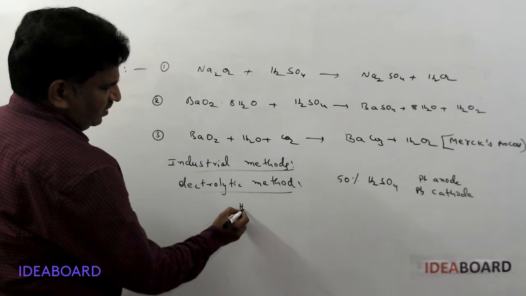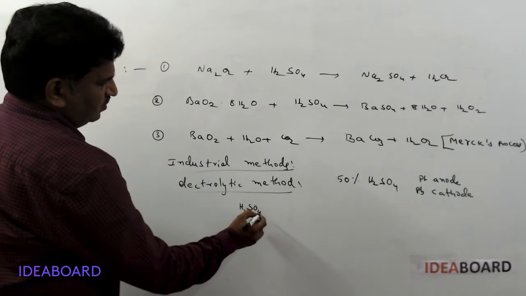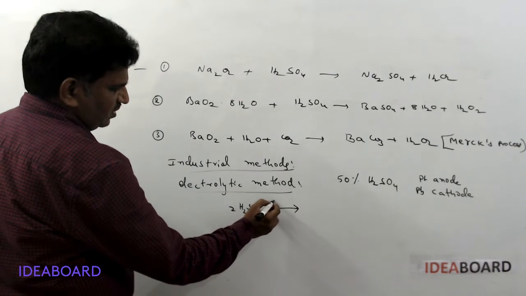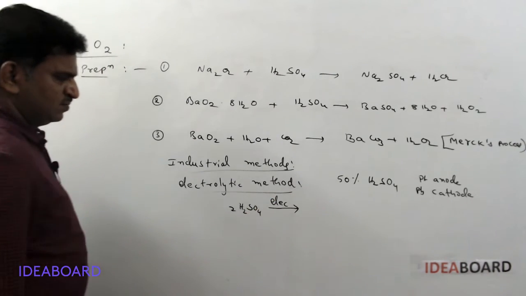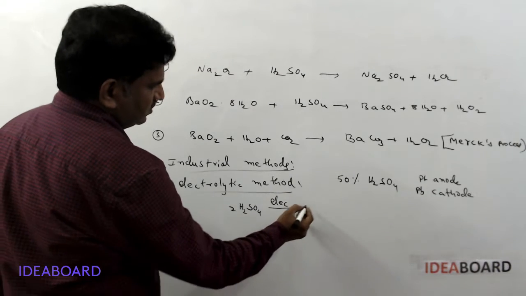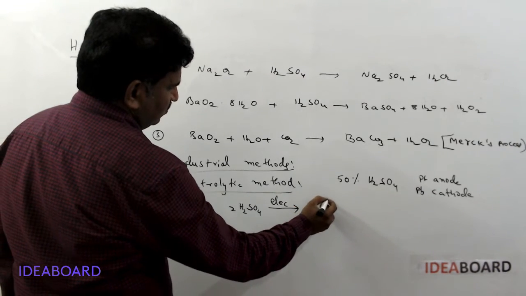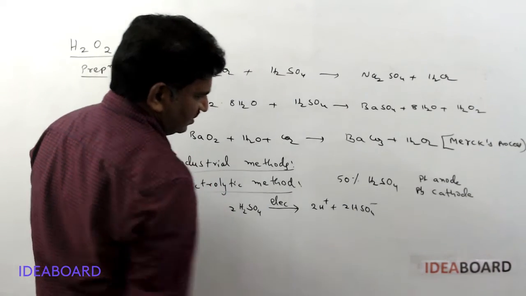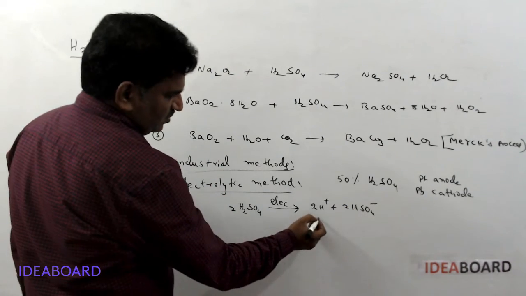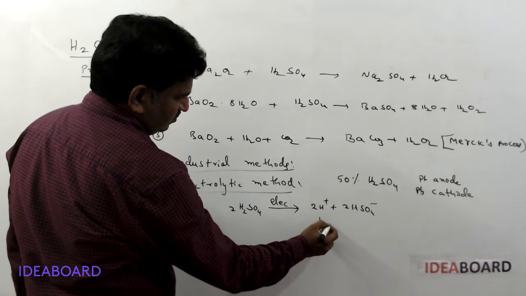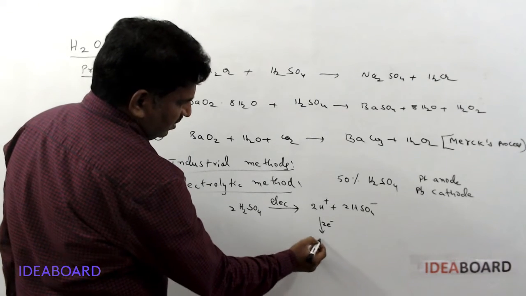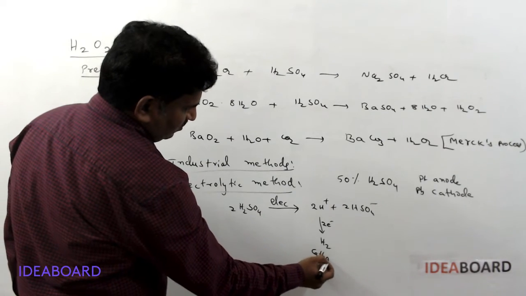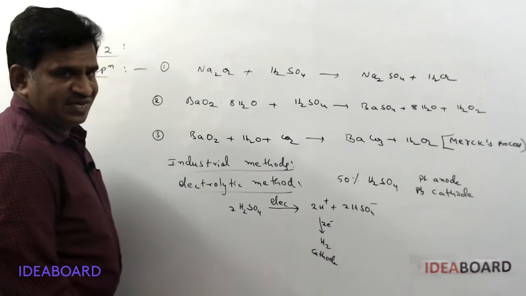And sulfuric acid, 2H2SO4, on electrolysis forms 2H+ plus 2HSO4−. H+ ions take up the electrons and are converted into hydrogen. So at the cathode, we are getting hydrogen gas.